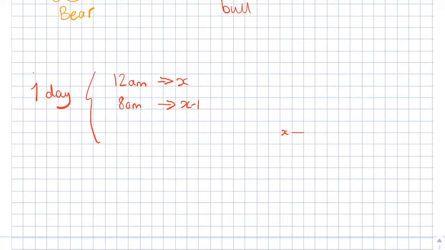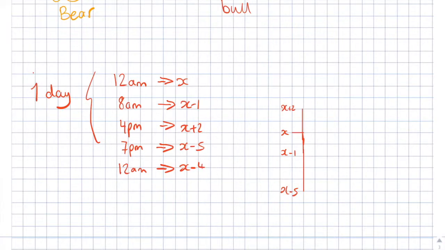At 4 p.m., it shoots up to X plus 2, so it's really increased by 3. And then at 7 p.m., it drops all the way down to X minus 5. And finally, before the day ends at 12 a.m., it's at X minus 4.